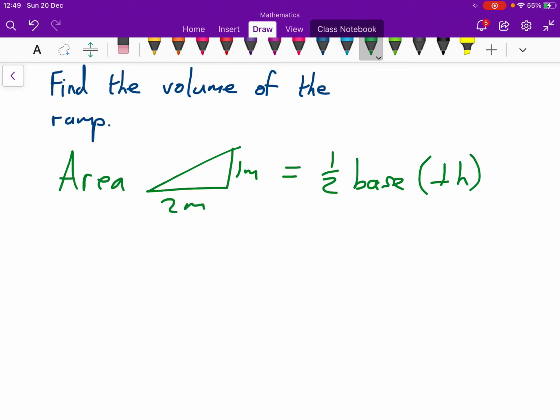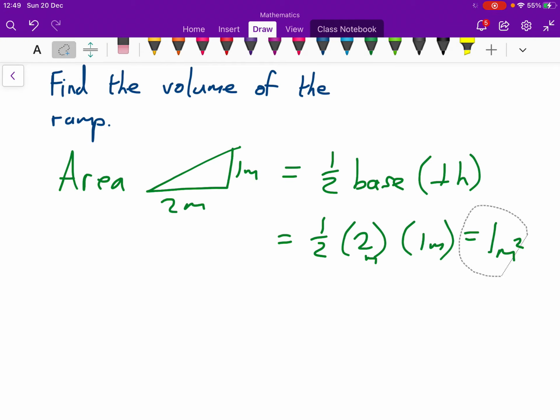So if I look at the formula, I'd go half the base, which is 2, and the perpendicular height, which is 1. 2 by 1 is 2, and half of 2 is 1, and the units are meters by meters, squared. So the area is 1 meter squared if I'm going with that formula.